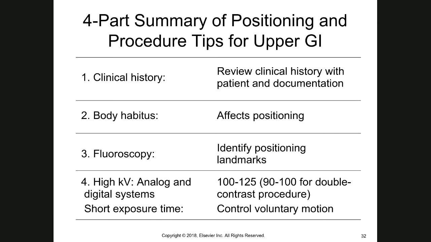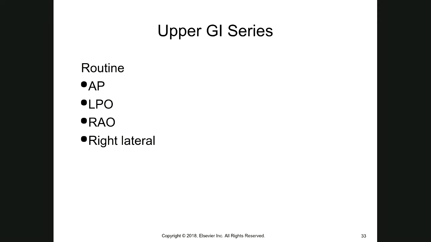And you always want to try and control any voluntary motion. Remember, voluntary is under the control of the patient, so breathing, moving, things like that. Involuntary motion would be things like heartbeat, peristalsis. For an upper GI, we actually do 4 views as your routine, and they're all necessary.